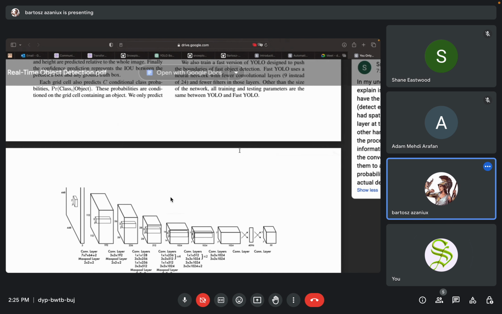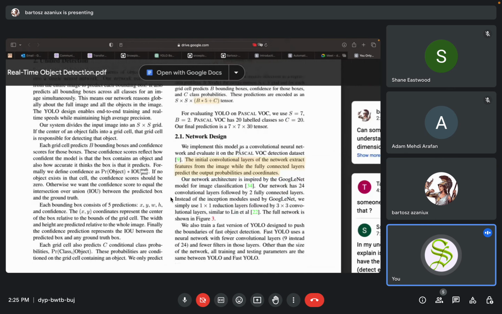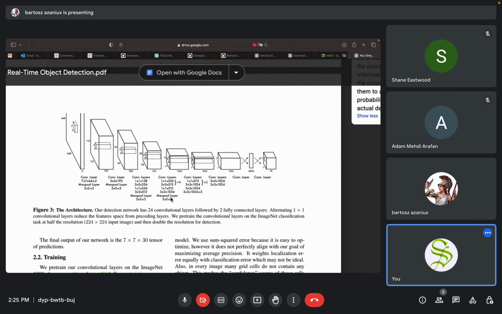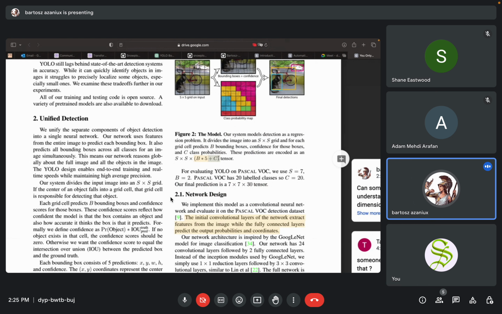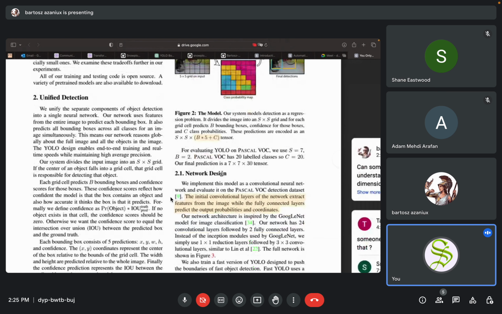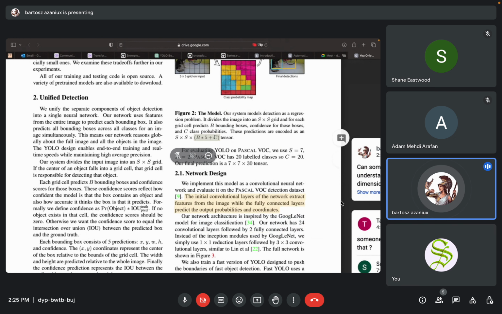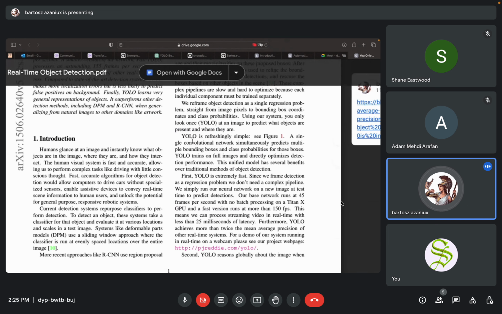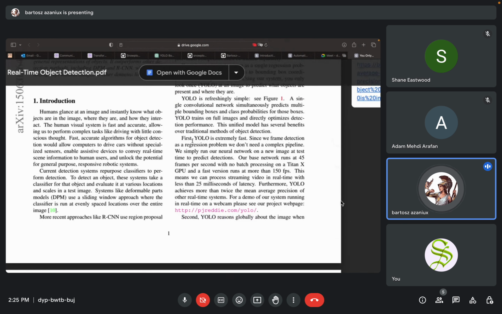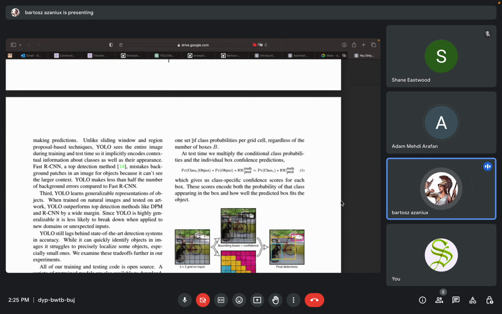And the dimensions of that output are S by S by B multiplied by 5 plus C, which we were talking about. I'll talk about this a bit more in a second, because I was considering why that specifically is.